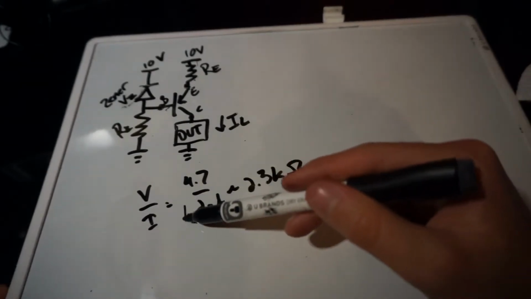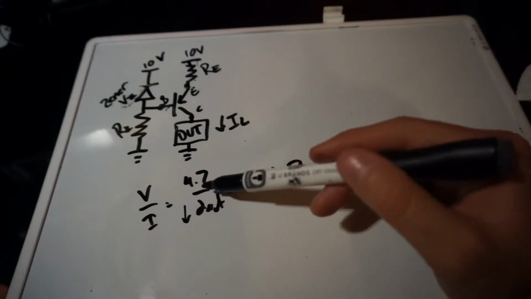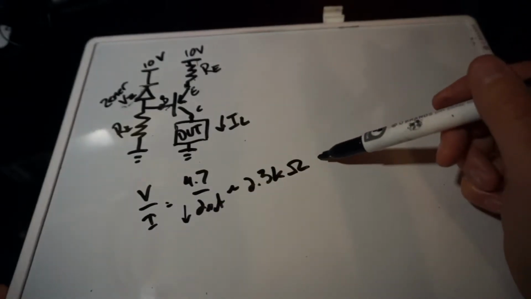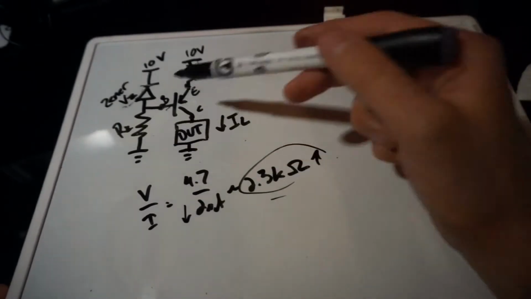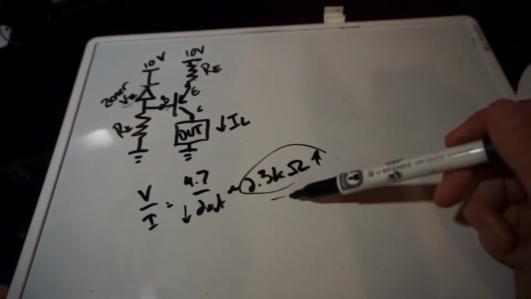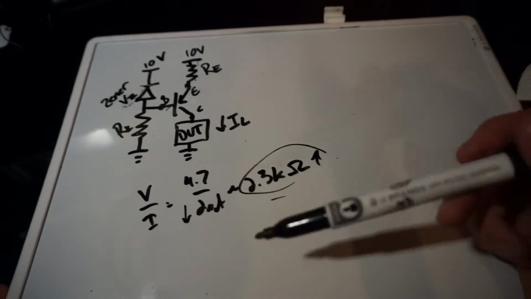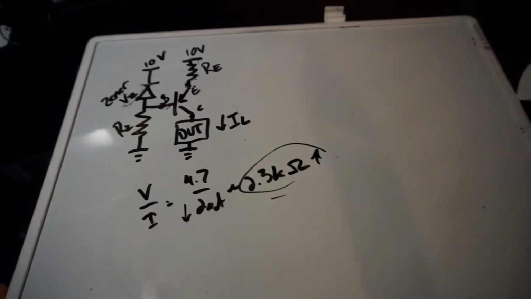Let's see, if this guy goes down, then that means that this guy's going up, right? So I wouldn't make your RZ too much greater than around 2.3 kilohms in order to keep the Zener in saturation.